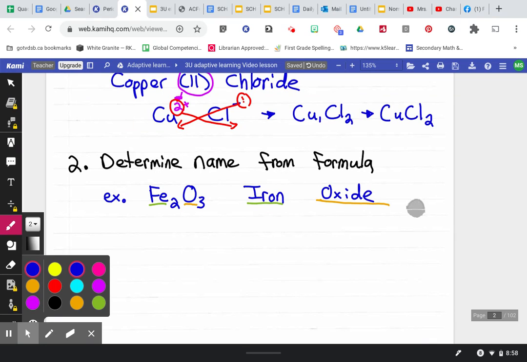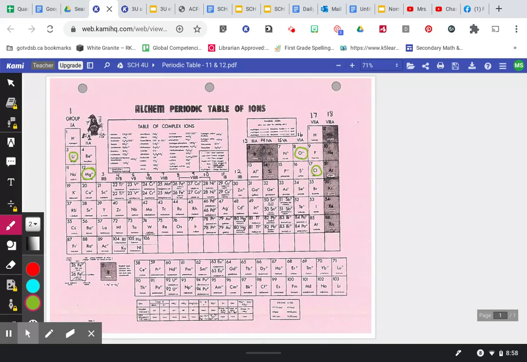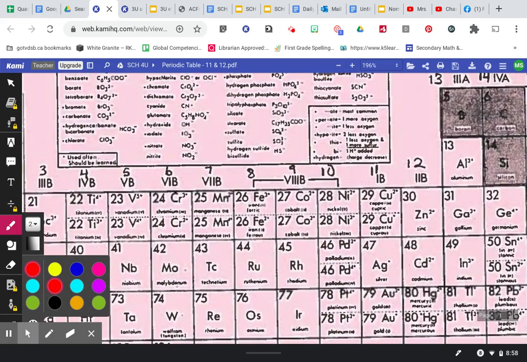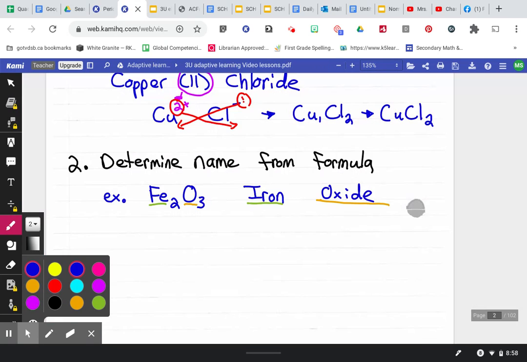But you have to do a quick check, because whenever you are naming from a formula, you have to double check that you do not have a multivalent metal. If you look on your periodic table, you can see that iron has 2 possible charges, so it's multivalent. So you have to use a Roman numeral to communicate the ionic charge that was used for bonding.